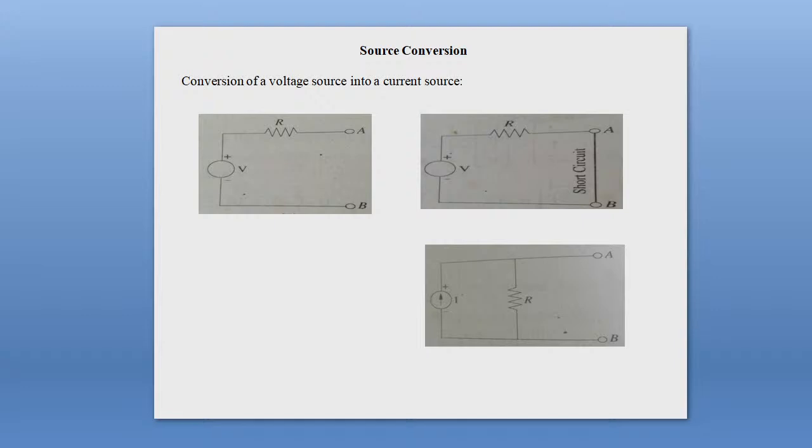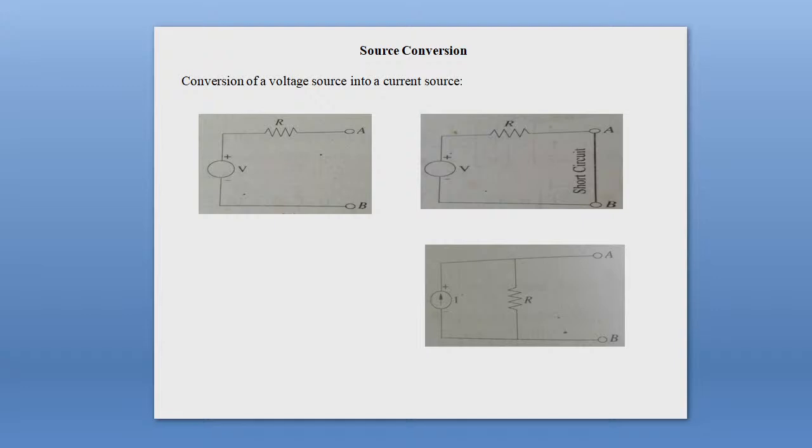So you just place a short across these 2 points A and B, and later on you calculate how much current flows through this short-circuited path.